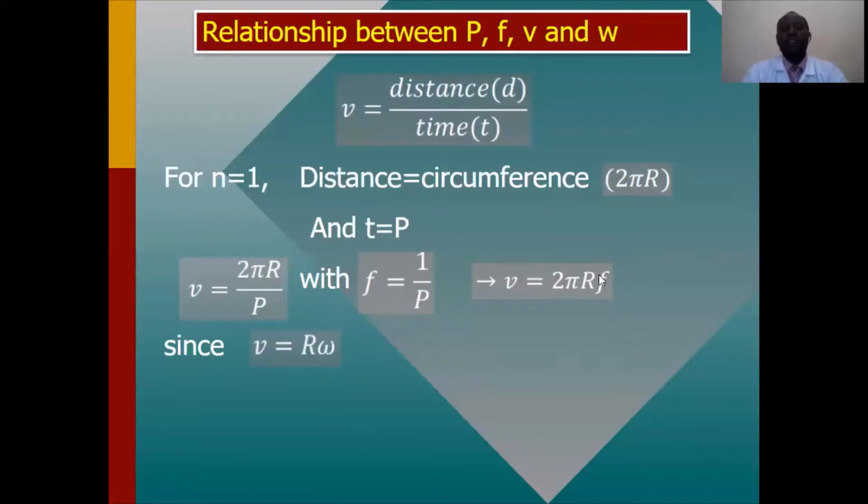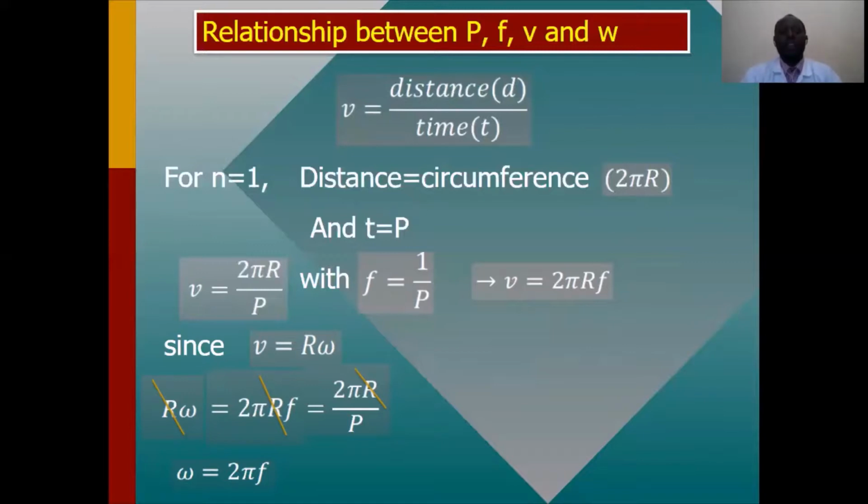Since the linear velocity is equal to the radius times angular velocity, we have these 3 relationships. The radius times omega is equivalent to 2 pi radius times the frequency, equivalent to 2 pi radius over period. So when we cancel radius, we will have the relationship of omega, angular velocity, with the frequency.